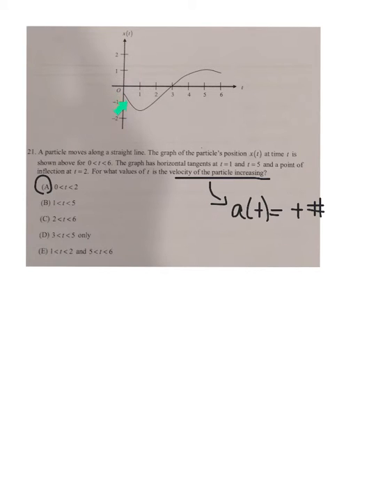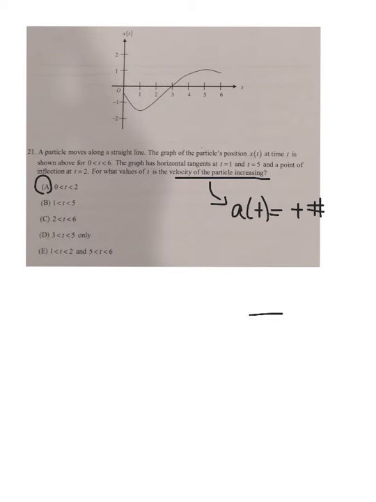So I'm concave up, concave up, concave up, and at x equals 2, it says it right here that we have a point of inflection. So what that means is at x equals 2, I go from being concave up to concave down, and if you notice the rest of the graph is concave down. So right here at x equals 2 is where I have that point of inflection.